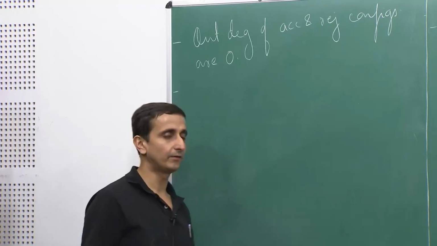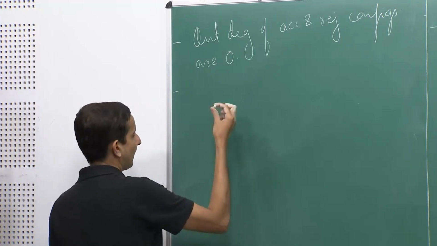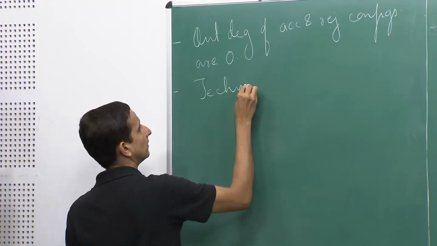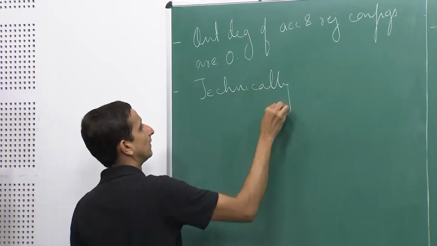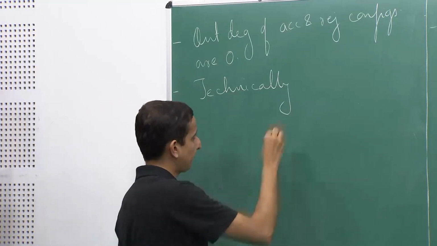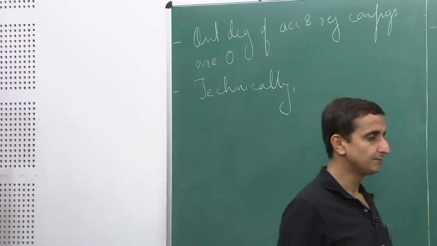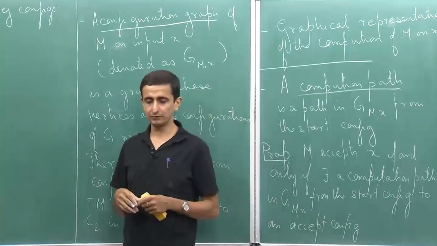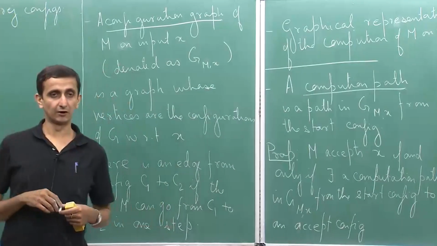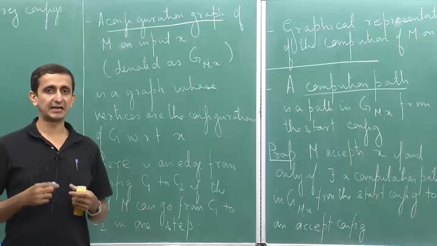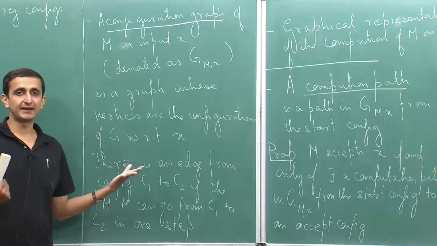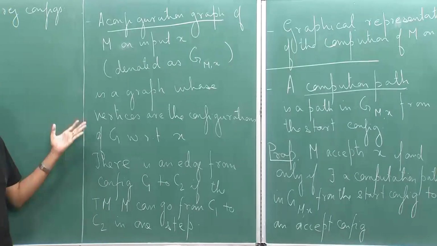What about the size of this graph? Let us try to understand this. What would be the size of the configuration graph of a Turing machine on an input? How large can it be? Technically, observe that it can be infinite, because it stores 3 quantities.